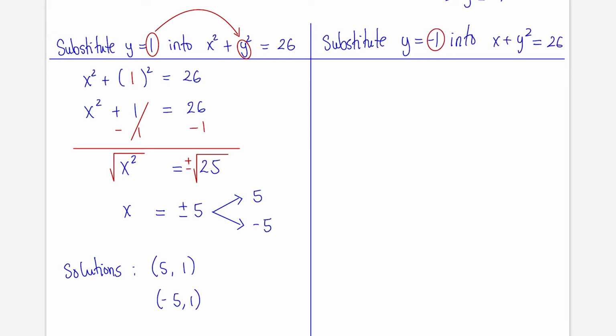So I take negative 1 and substitute into y. So I have x squared plus negative 1 squared equals 26. Negative 1 squared is 1. So I have x squared plus 1 equals 26. And then I subtract 1 from both sides.